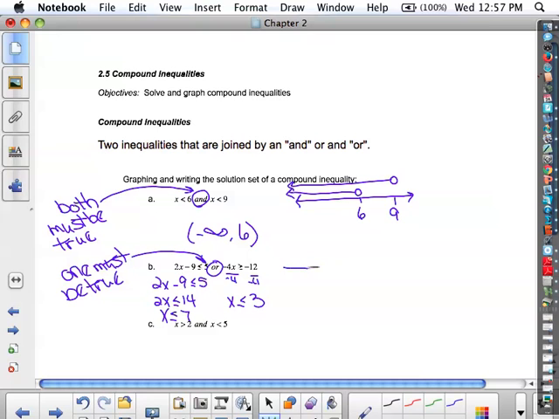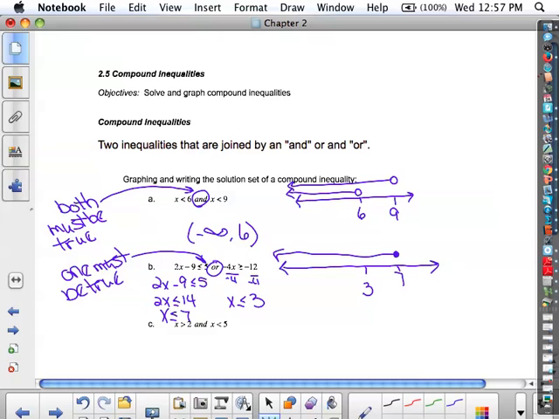So now, what this looks like on the number line is I have 7 here, I have 3 here. It says that x is less than or equal to 7, so it looks like this.